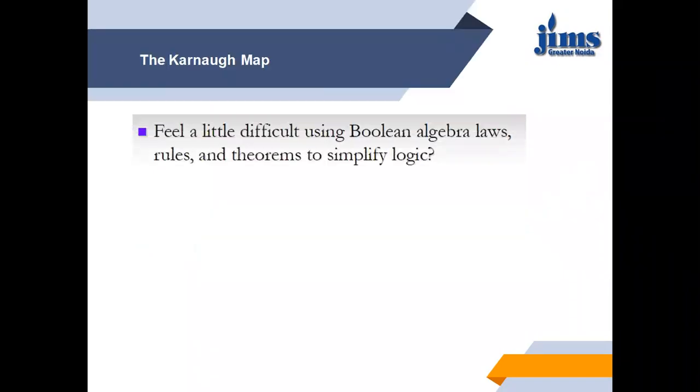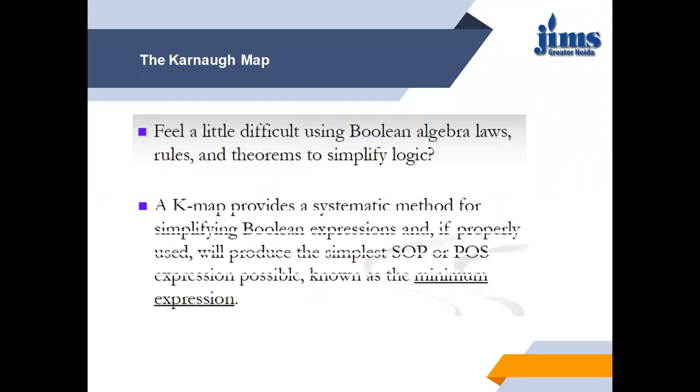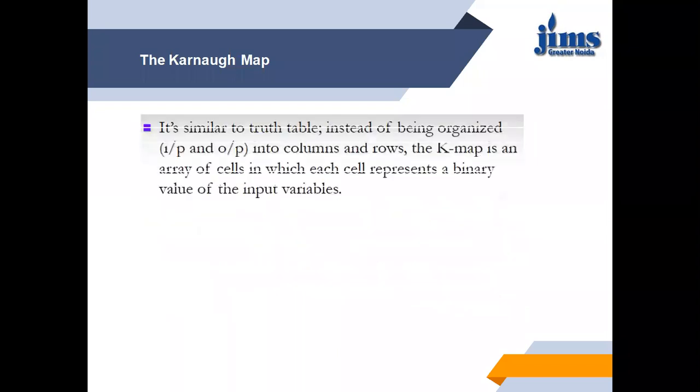It feels a little difficult using Boolean algebra laws, rules and theorems to simplify logic. A K-map provides a systematic method for simplifying Boolean expressions, and if properly used will produce the simplest SOP or POS expression possible, known as the minimum expression. It's pretty much similar to the truth table.